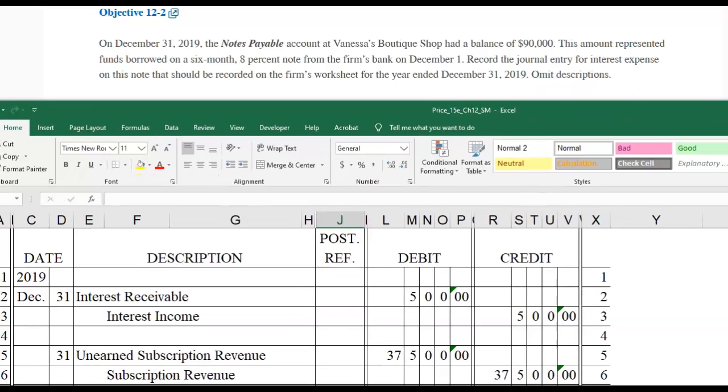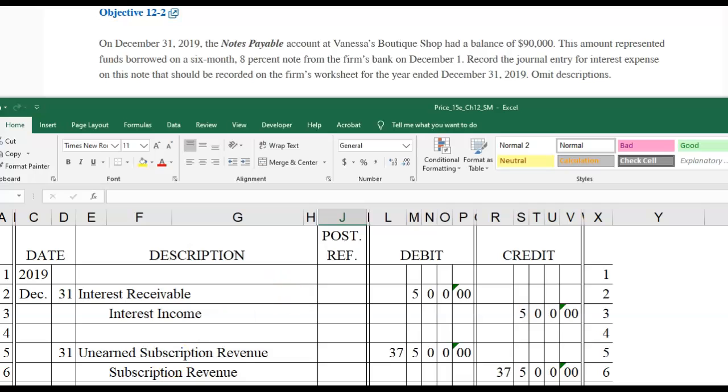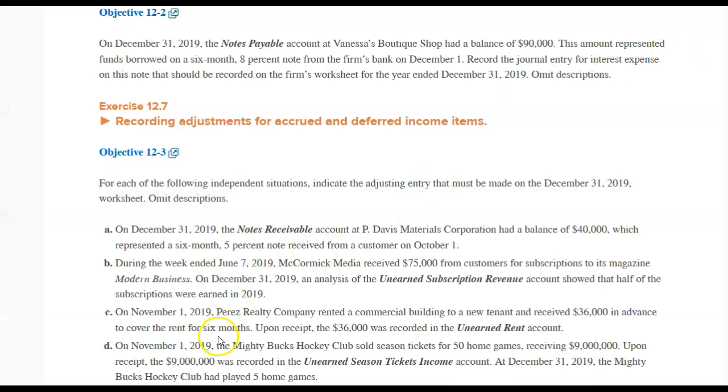You earn revenue and don't record it; you move it over after it's been used. So unearned revenue, 37,500, and the revenue used, 37,500. See?